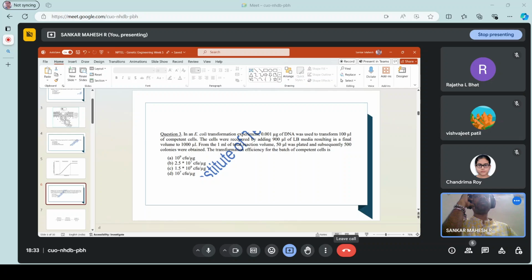So, if any one of you have done the calculation, you can share the method or we'll discuss this again.